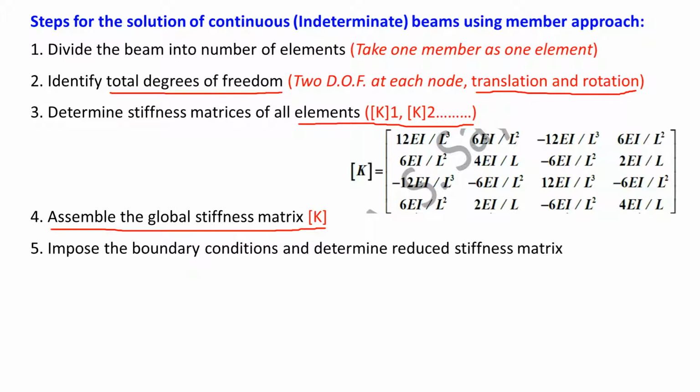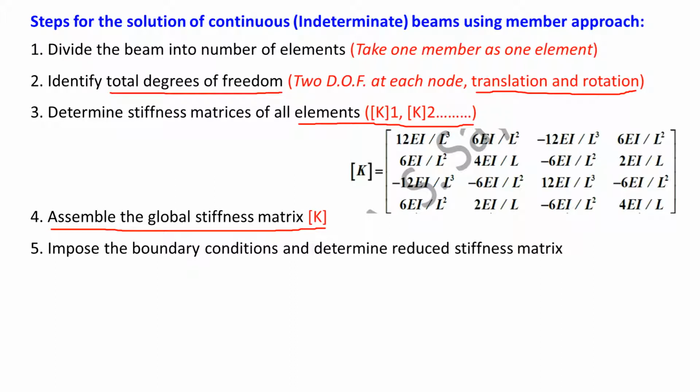Depending on the support conditions provided in the beam, the kinematic unknowns or degrees of freedom which are 0 are called boundary conditions. If you impose those boundary conditions in the global stiffness matrix or even in the element stiffness matrix, you can directly find the reduced stiffness matrix.